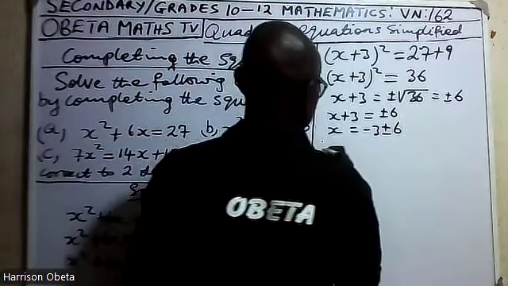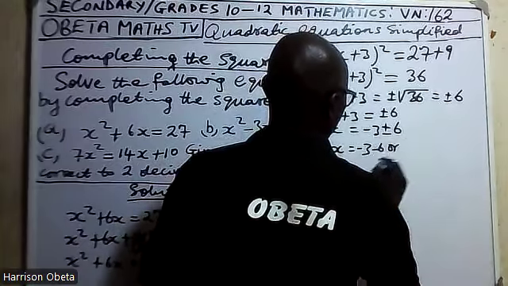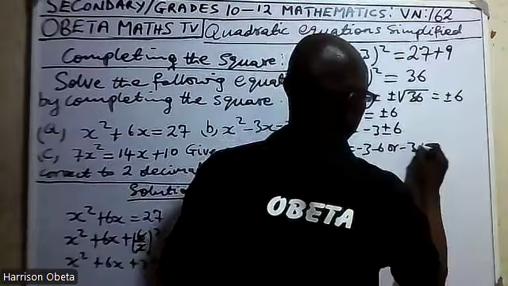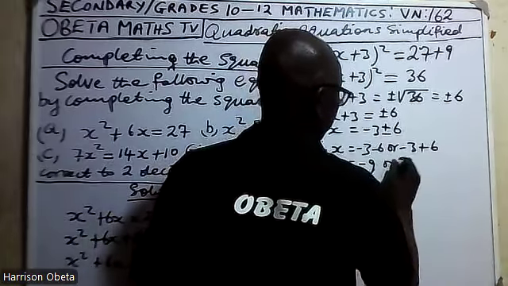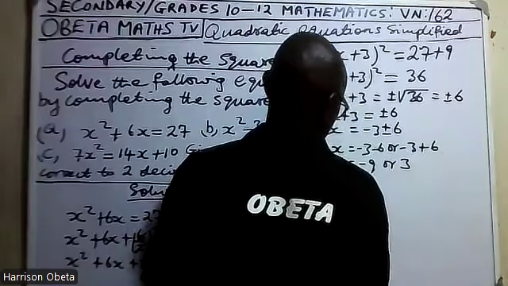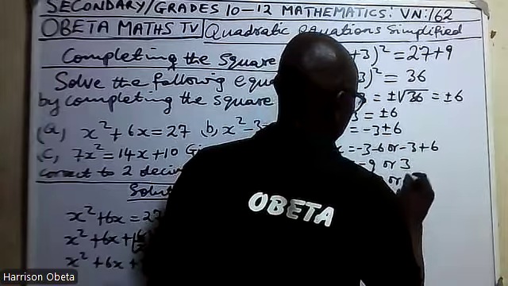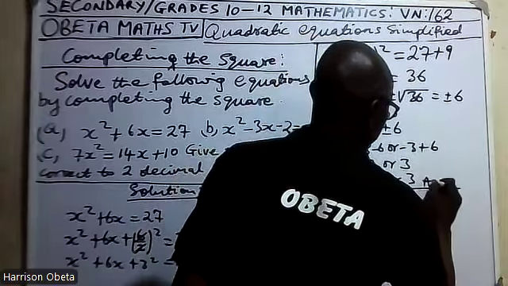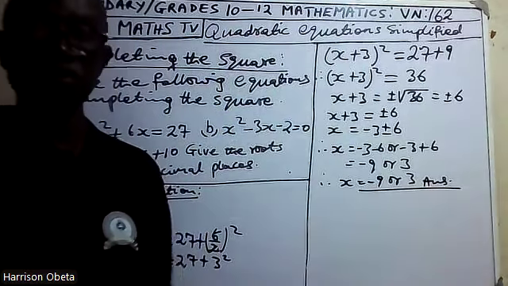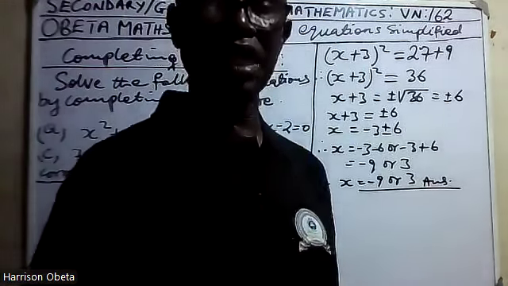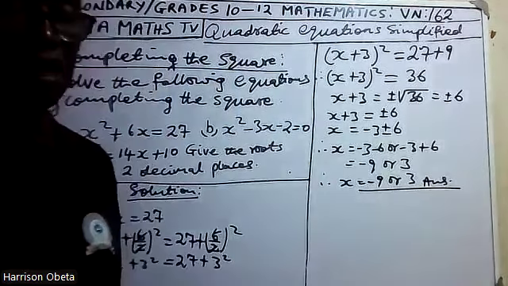So x is either minus 3 minus 6 or minus 3 plus 6, which is minus 9 or 3. Therefore, x is equal to minus 9 or 3. Again, it is wrong for you to say that x is minus 9 and 3. x cannot take two values at the same time.